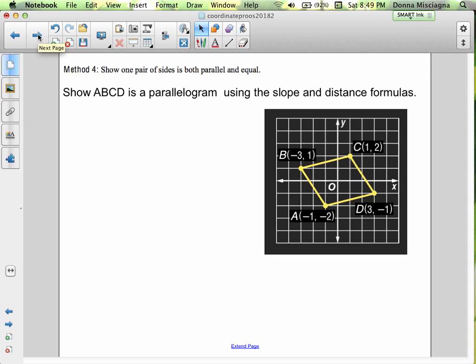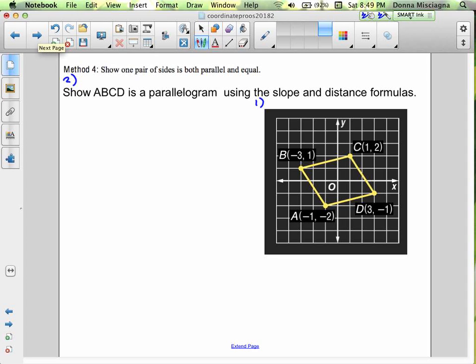All right, and this one is in your notes, and it should already be graphed for you. So step one is done. There's the graph. Now step two, and I already wrote it in for us: we're going to show ABCD is a parallelogram using the slope and the distance formulas.